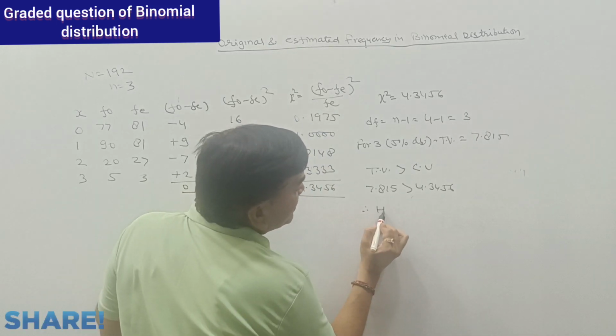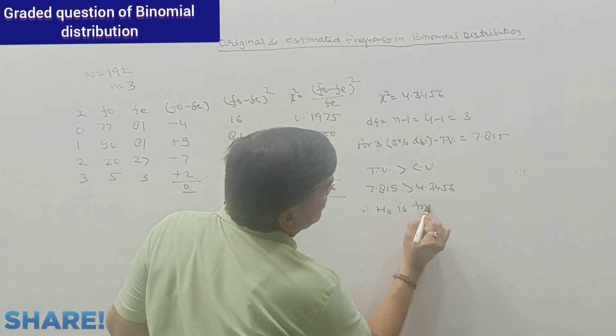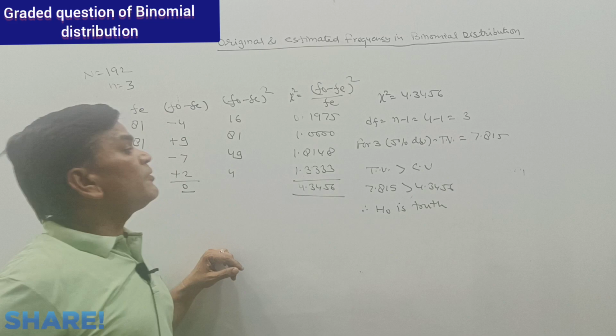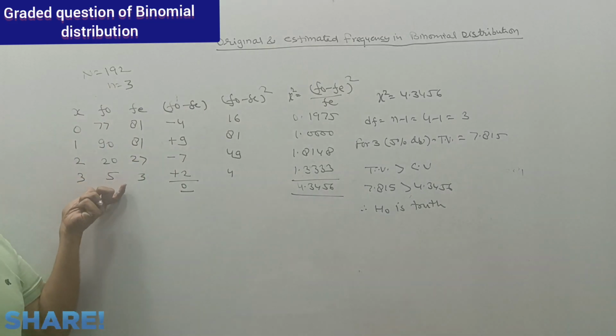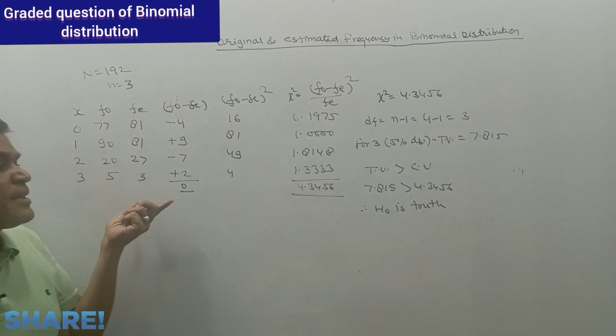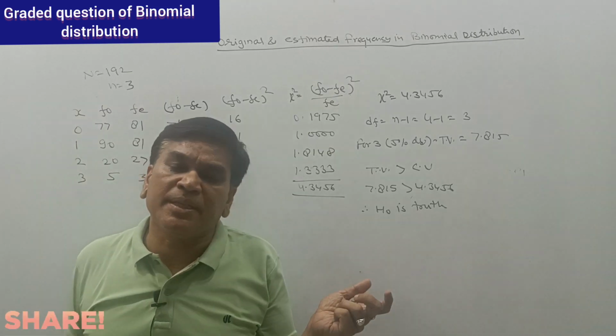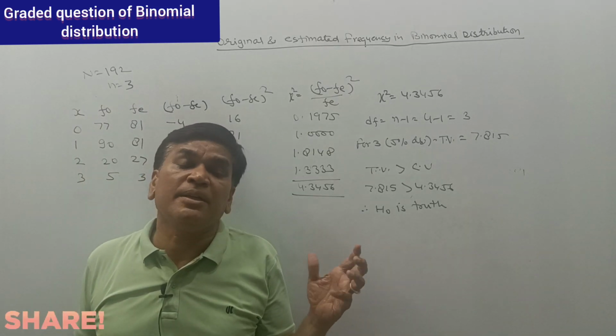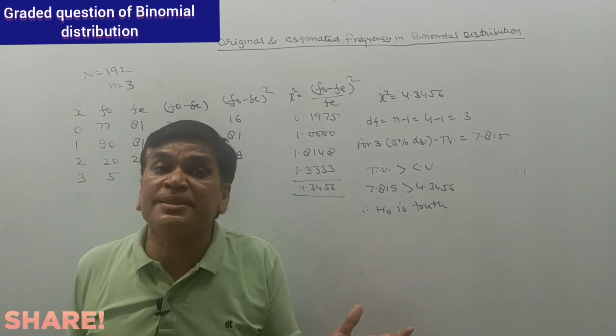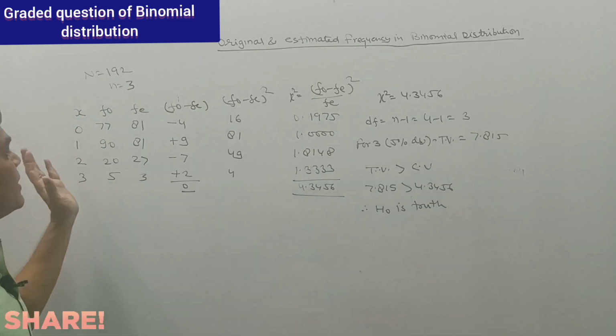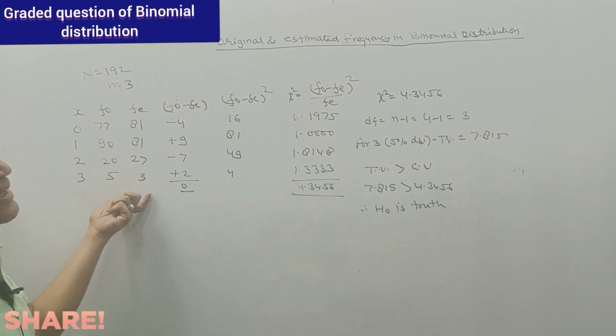So we will say H0 is true. So there is no difference between the original data and the estimated data. It means the data is not biased. There is no biasness in the data.